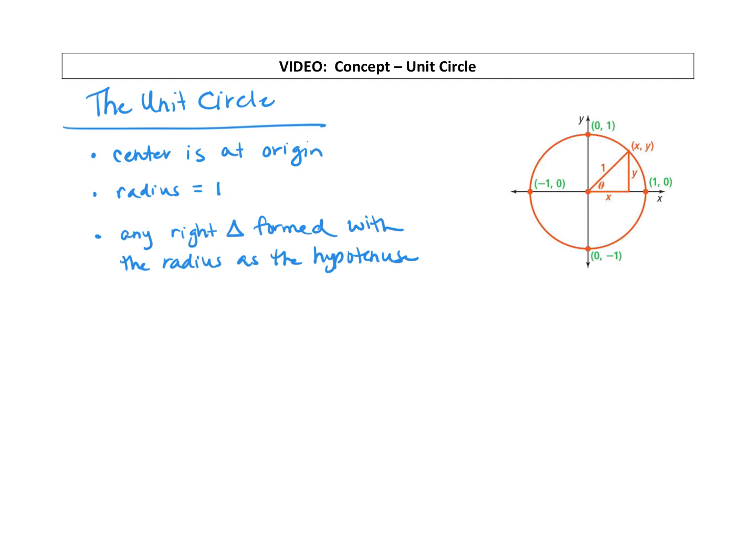Here we have a right triangle where the hypotenuse is the radius of our circle. So we end up drawing these little triangles a lot in the unit circle where we connect to the x-axis. But the hypotenuse of this triangle is the radius of the circle also, and it will have a unit of 1.